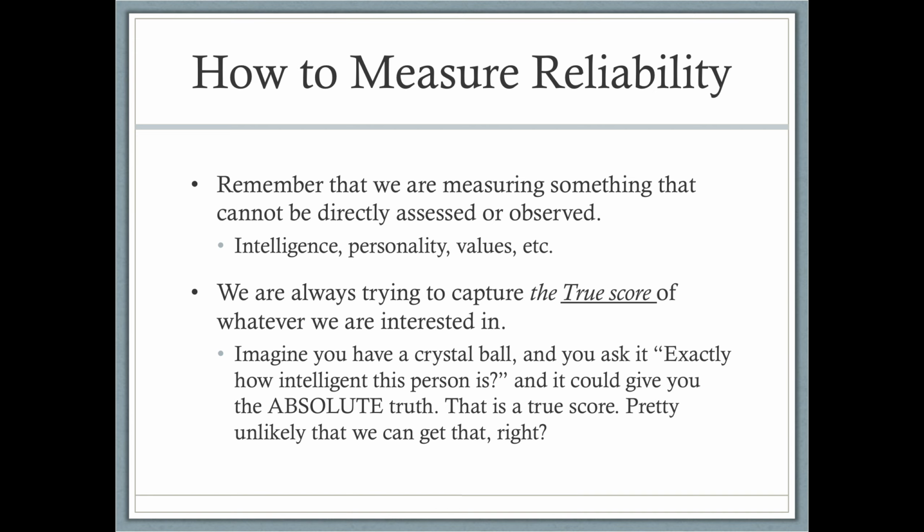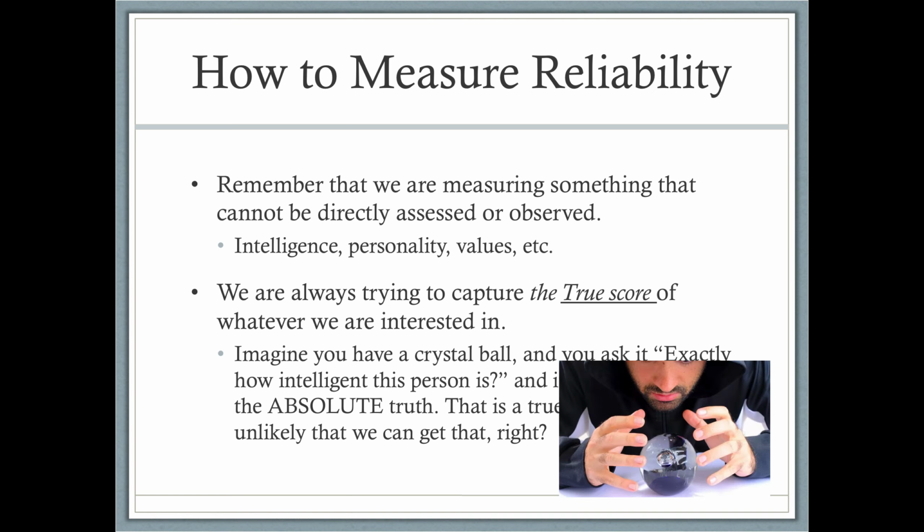It's kind of like if we had a crystal ball and I wanted to see how intelligent this person is, that immutable score is called a true score, right? It is the truth of how intelligent this person is, or how confident this person is, or what is their level of attachment or trustworthiness or extroversion, whatever it is. That's called a true score.